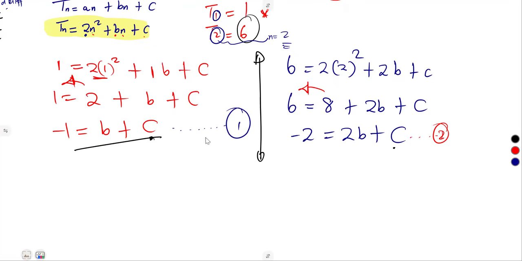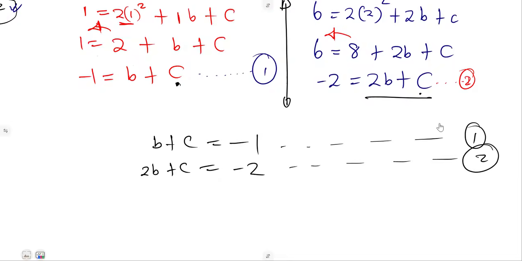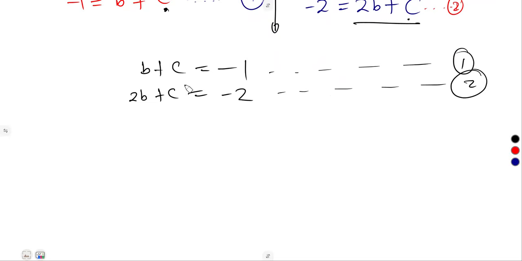All right, so let us solve, guys. Taking the first equation, b plus c is equal to -1. Here I've got 2b plus c, which is equal to -2 as our equations. We are going to eliminate c, the part where we are already having the same.